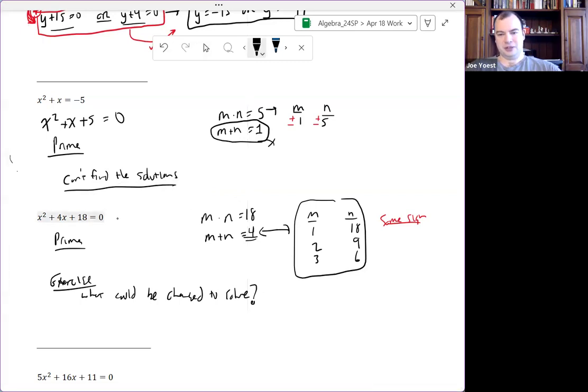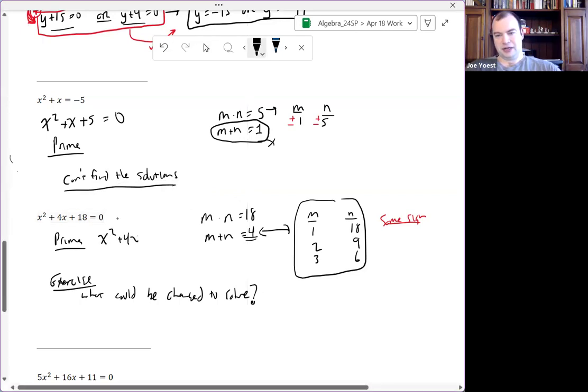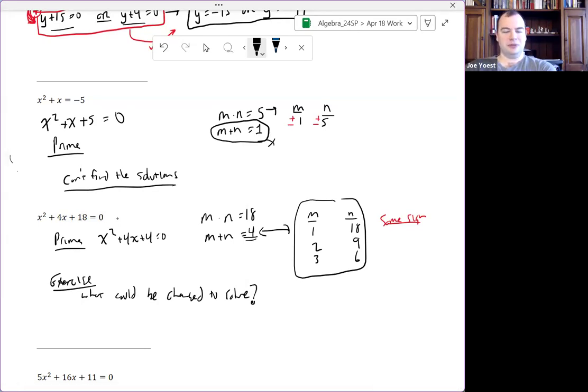So yeah, if we had, say, something like x squared plus 4x plus 4 equals 0, that problem would be solvable. This would indeed be a perfect square. The perfect square is actually a special case we're going to talk about next time when we wrap up this topic. But yeah, this would be a perfect square. This would be x plus 2 all squared equals 0.